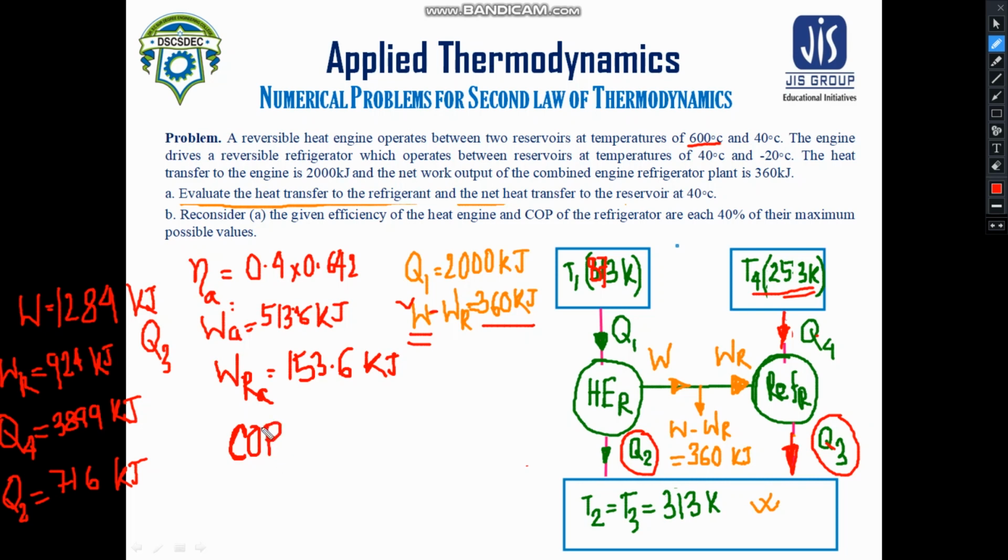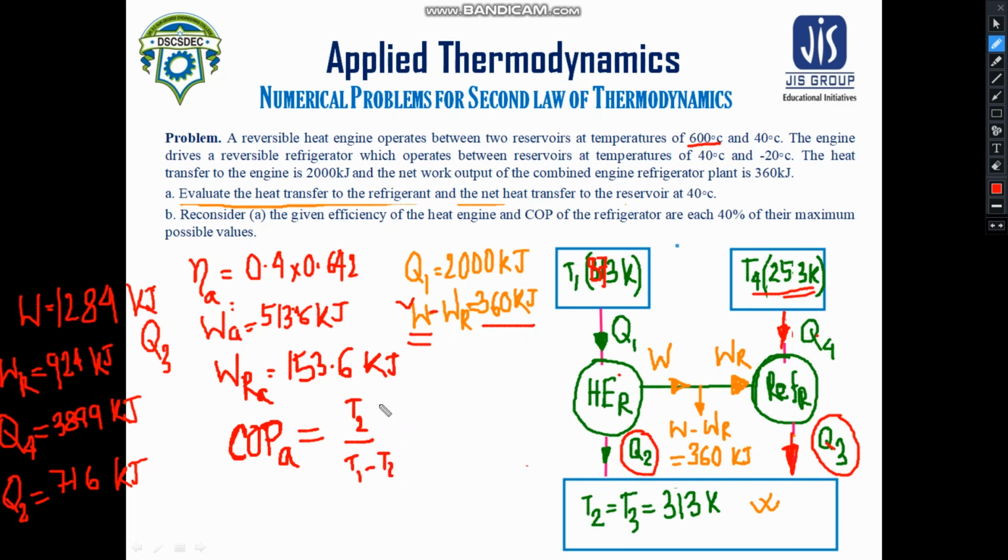So our ultimate objective is to find the same thing. We need to find this Q2 and Q3 again, but in altered cases. That means now the efficiency of this heat engine has been reduced to 40%, and the COP of the actual case has also been reduced to 40%. In the previous case, you must have seen the COP can be defined by this formula, T2 divided by T1 minus T2.